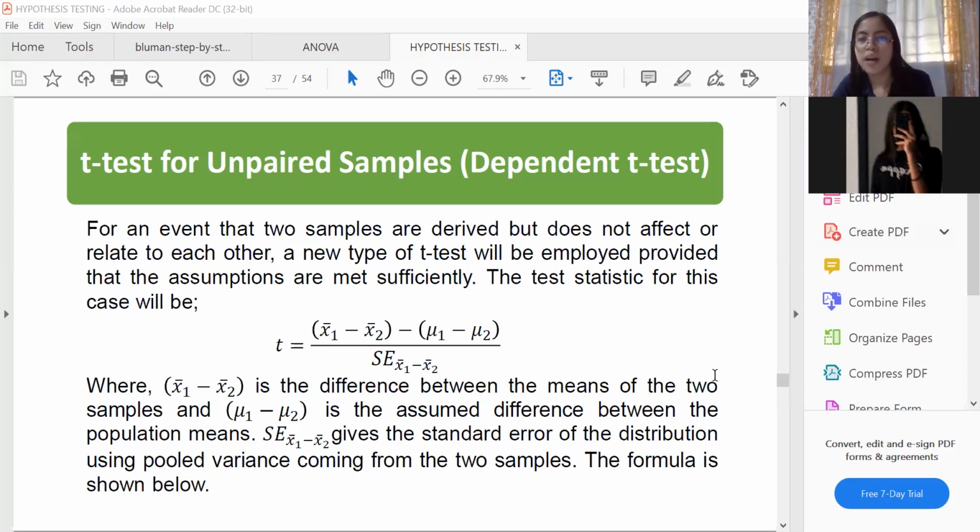I will not discuss that since you're already familiarized with it. And then we also have the paired t-test. For example, with before and after, if there is a difference between the outcome or the result, you are going to test it. For example, we conduct a seminar for changing their lifestyle.